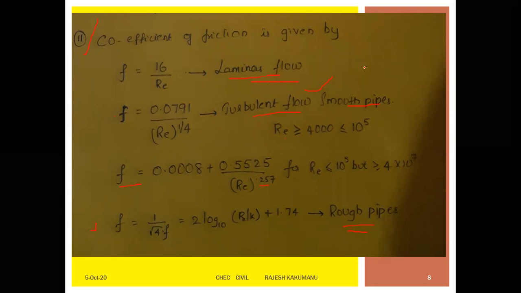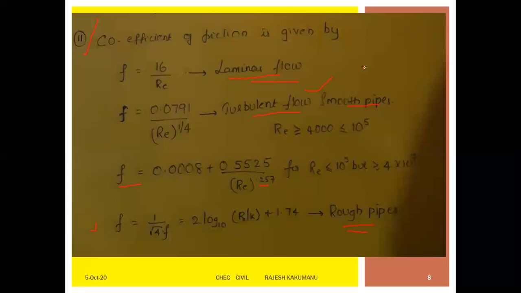From October 12th they are having mid exams. After one week of mid exams, they are having lab external exams. After that, I think in the third week of October, after 25, 26, they are having end examinations.